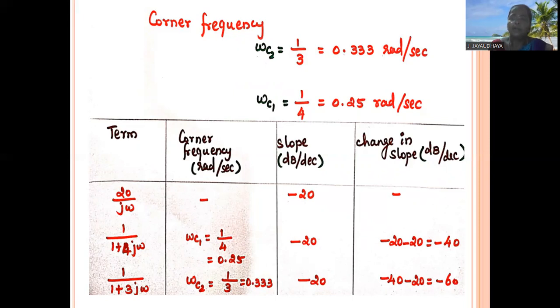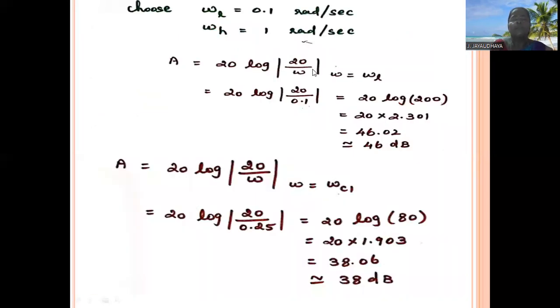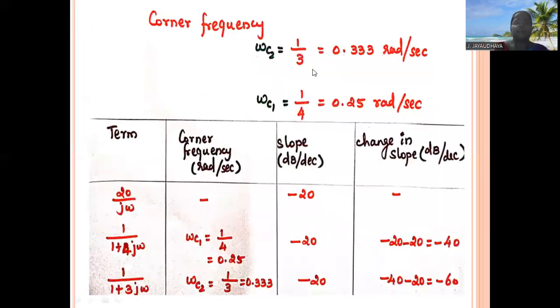As I told you, arrange the corner frequencies in ascending order. That's why I have given omega c1 and omega c2, so the corner frequencies are arranged.